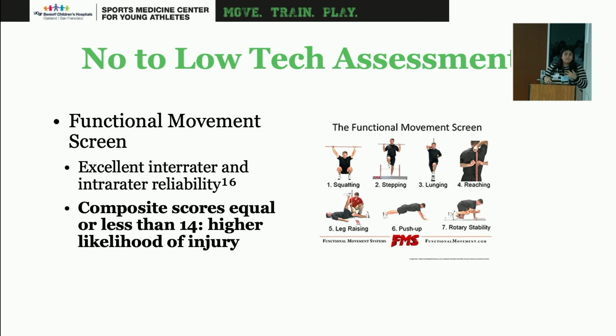Yeah, just to continue the conversation about low-tech assessments, about current literature, all of that, and they'll help break down those movements. But according to Benazza et al., the functional movement screen has excellent inter-rater and intra-rater reliability, and a composite score equal to or less than 14 has a higher likelihood of injury.